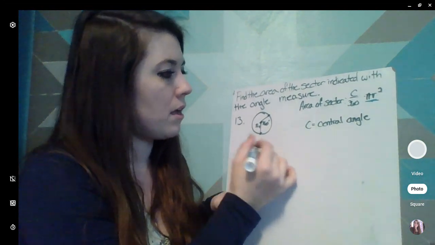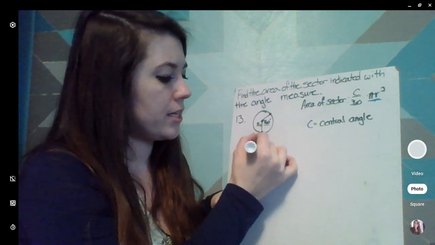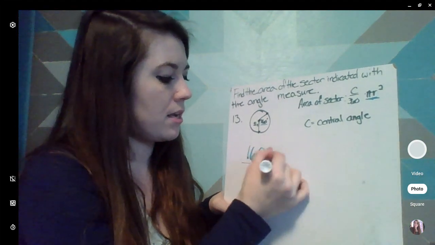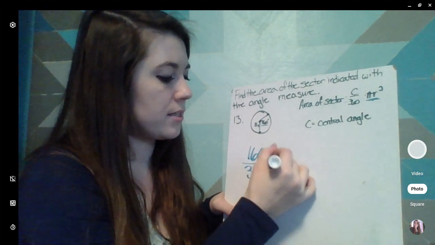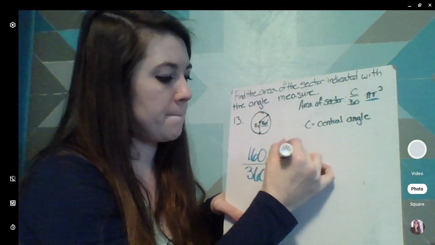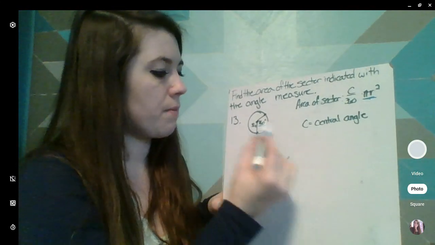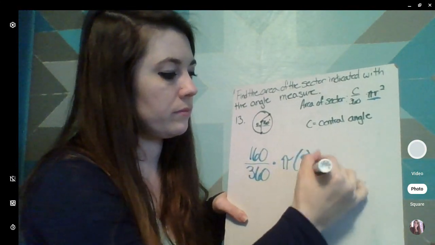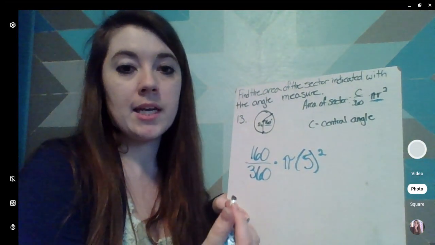So in this one, our angle is 160, so we have 160 over 360 times pi, radius squared. Our radius is 5. So now we take and solve this out.